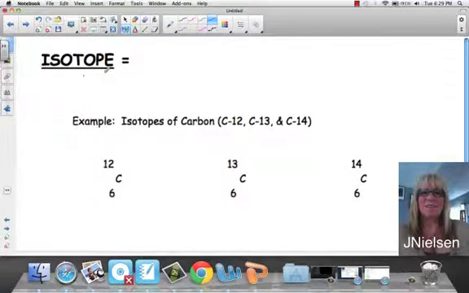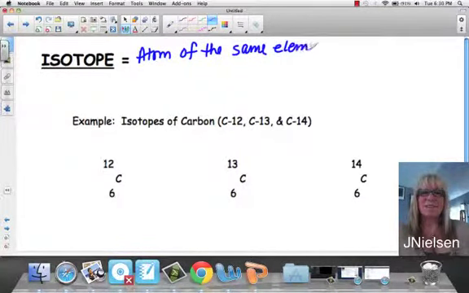So a formal definition would be atoms of the same element with a different mass number.